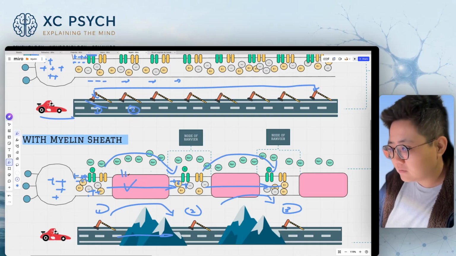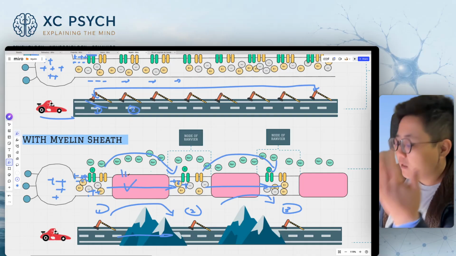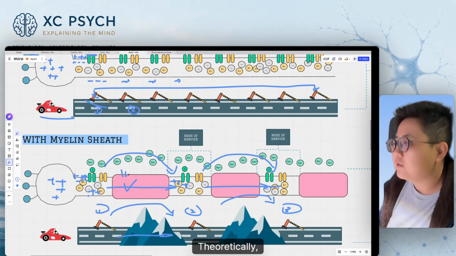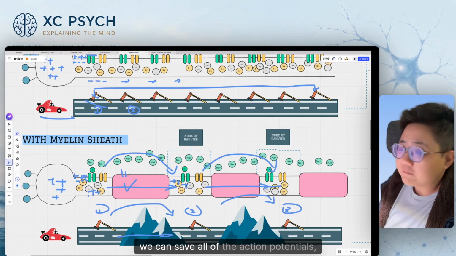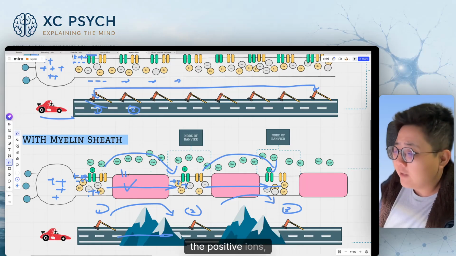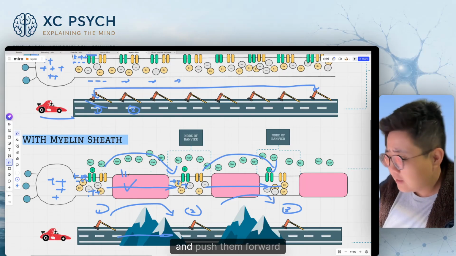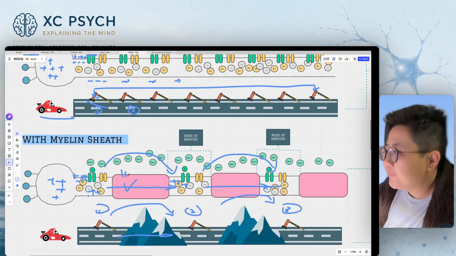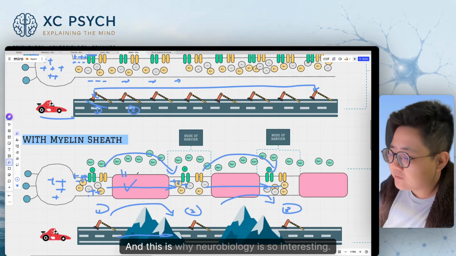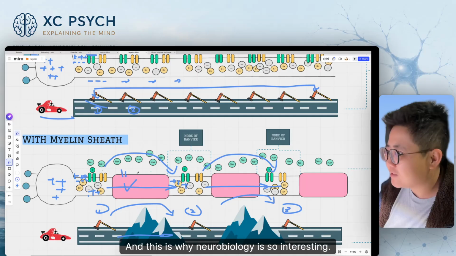No gate means no leak. Theoretically, no gates, no leaks. And we can save all of the action potentials, the positive areas, and push them forward and fire the signal much faster. And this is why neurobiology is so interesting.